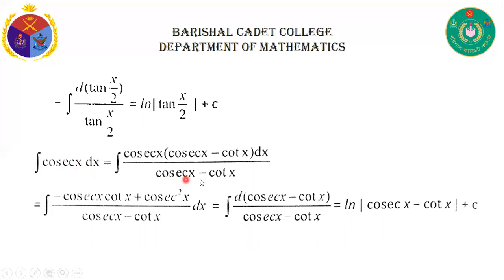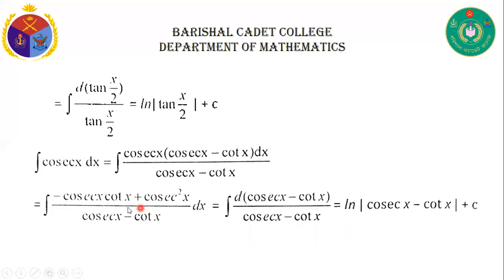So again for another formula of cosec x dx, we multiply by cosec x minus cot x in both numerator and denominator. Then after simplifying we get minus cosec x cot x plus cosec square x.